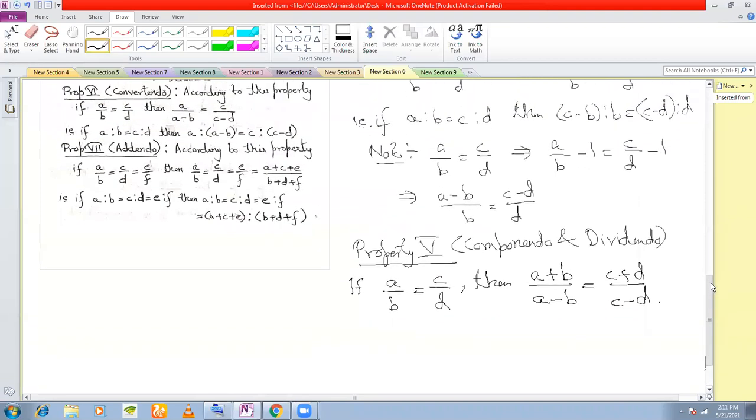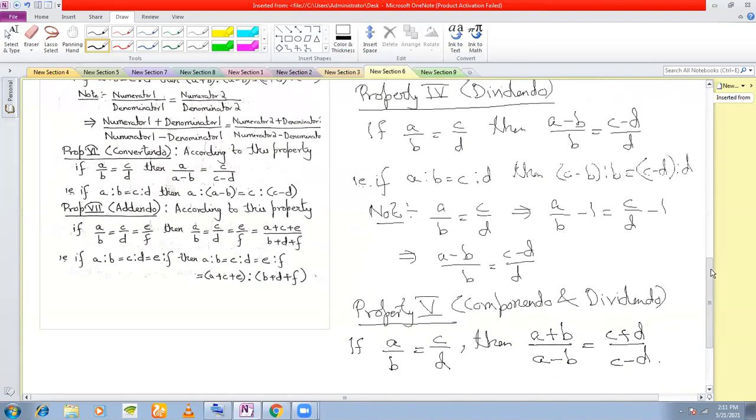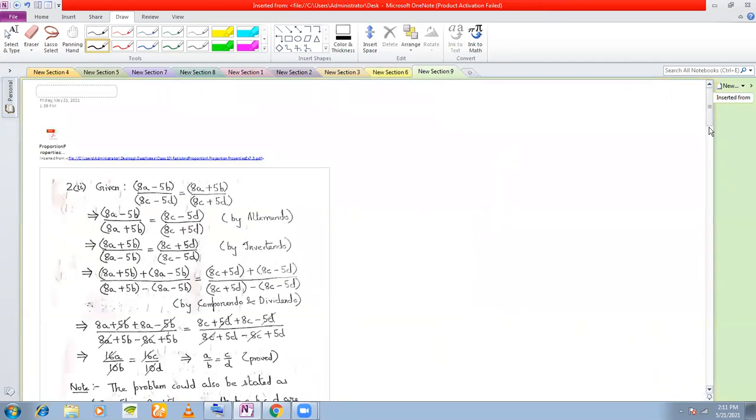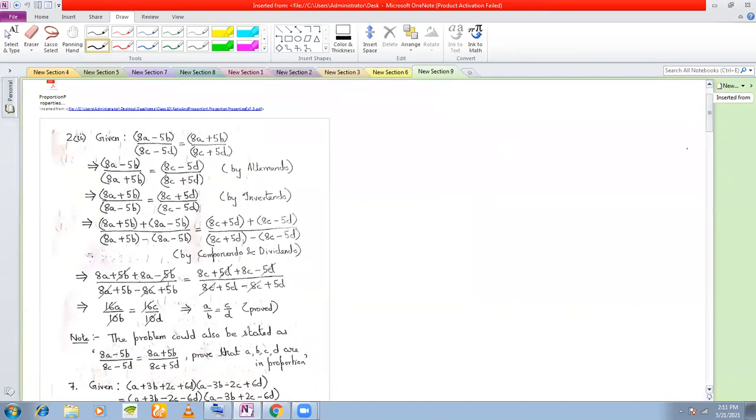Now, before proceeding, I would just like to demonstrate this to you with the help of one example. See here, this is the sum.